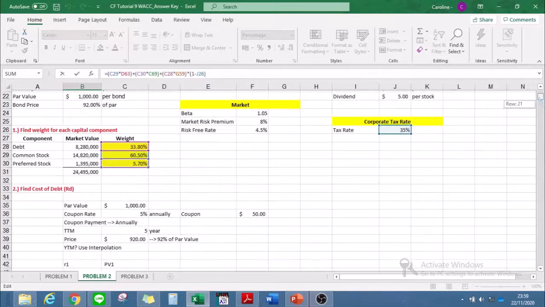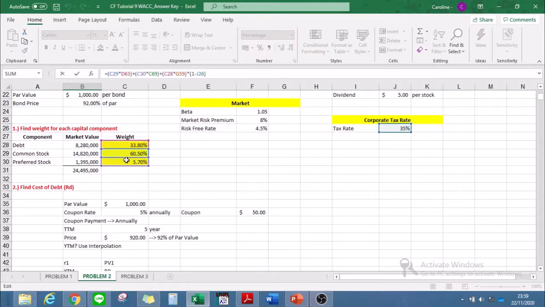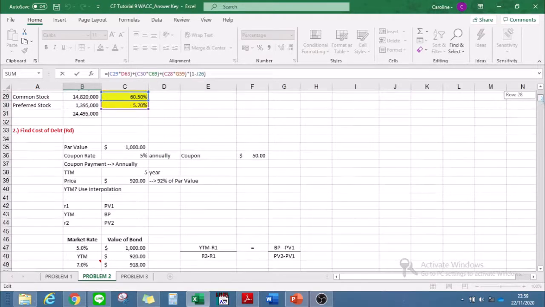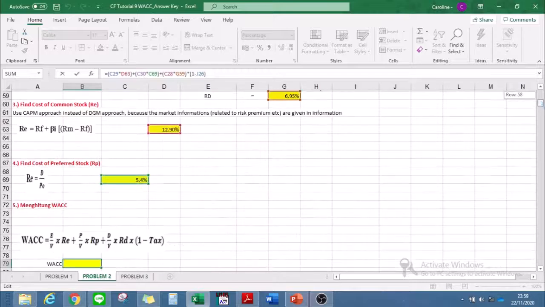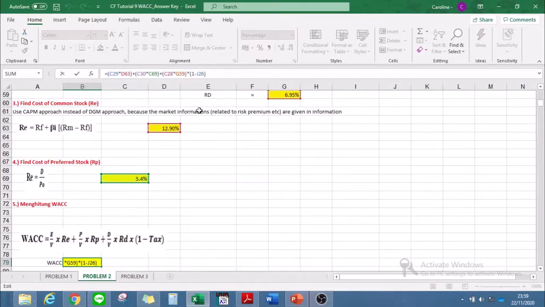So that basically means you need to multiply this number 5.70% with the cost of the preferred stock, which is stated here 5.4%. Okay, and after that you need to add the D per V multiplied by RD multiplied by 1 minus tax.